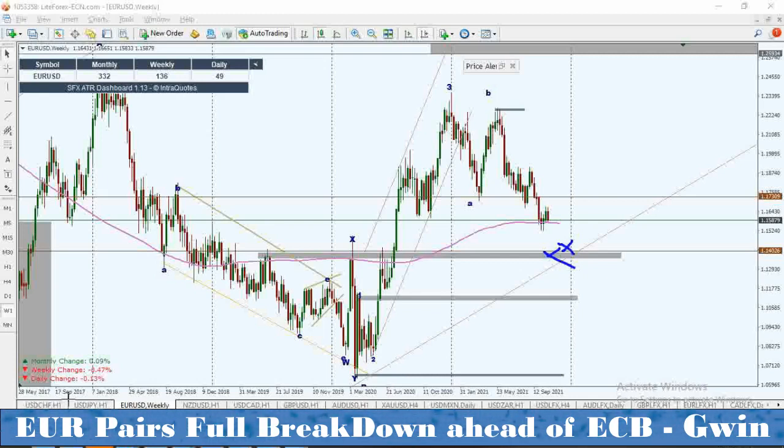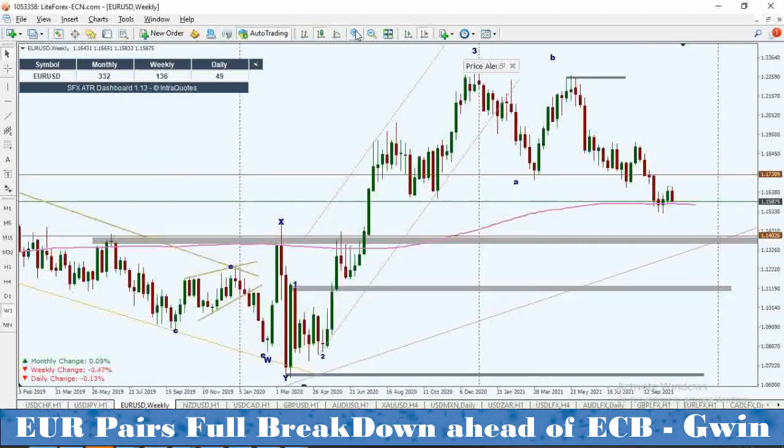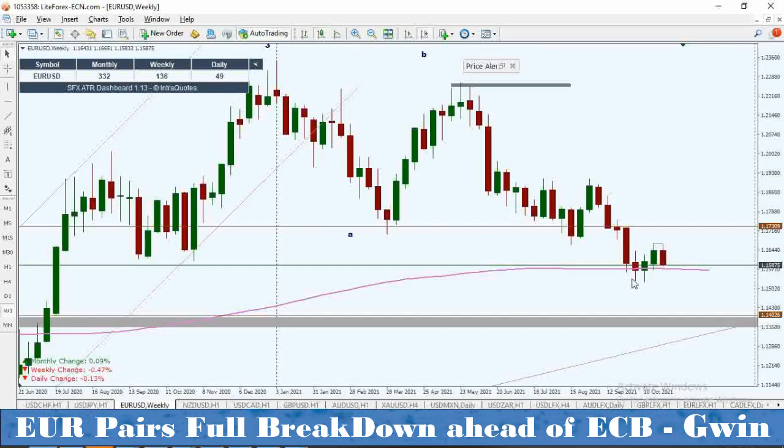However, if the Euro could be put back to life or awakened, we could be anticipating that this tweezer bottom here could play a very important role in the decision that's going to happen today.